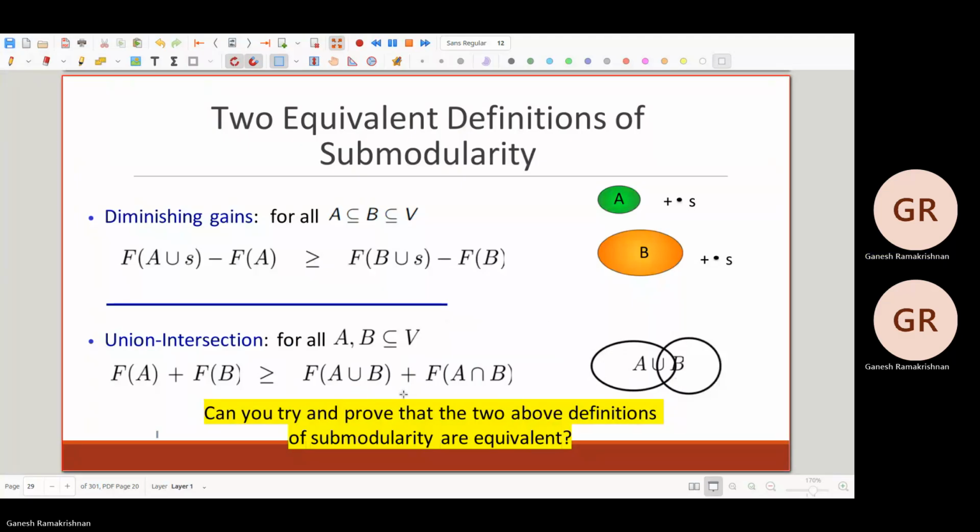So to prove this, you can view A union B as what? What is A union B in terms of X, Y?